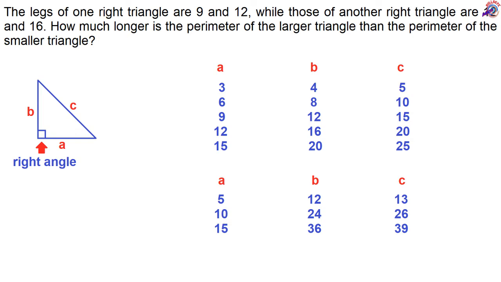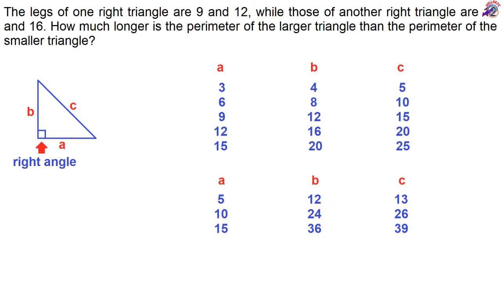Multiplied by 3, it's going to be 9, 12, and 15. Multiplied by 4, it's going to be 12, 16, 20, and so on. Likewise with 5, 12, and 13, if you multiply it by 2, it's going to be 10, 24, and 26, and 15, 36, and 39 if you multiply by 3.